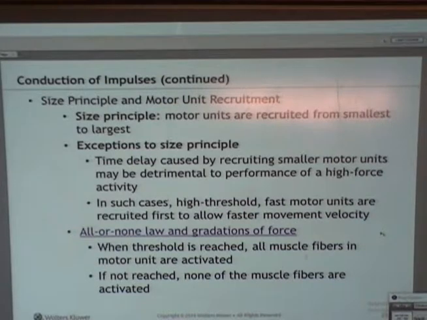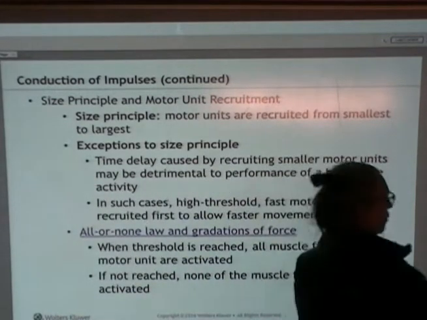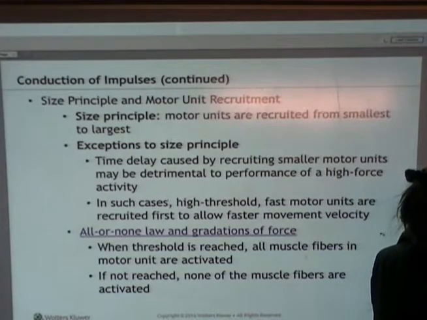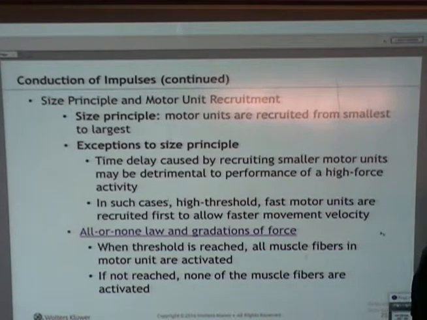So we said before that we have a sequence: type 1s to type 2a to type 2x.